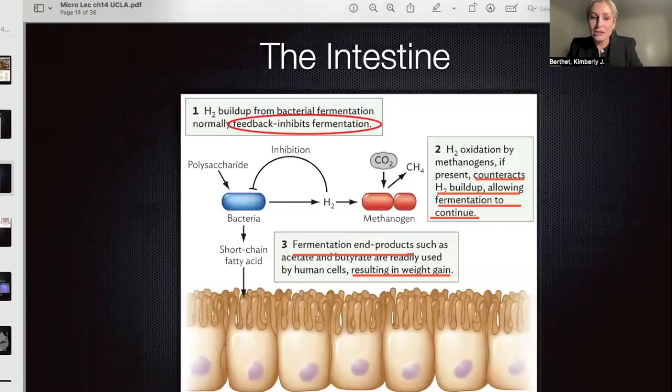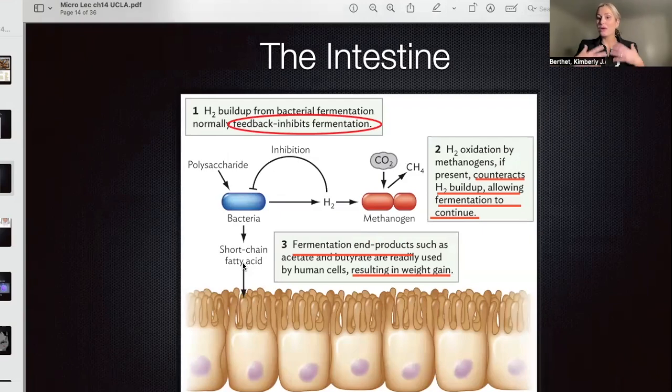Here we see a relationship between microorganisms and how we break down food, how we ferment food. So let's look at this process. In step one, we have hydrogen gas buildup from fermentation in our body. Hydrogen gas is actually working on a feedback inhibition loop.